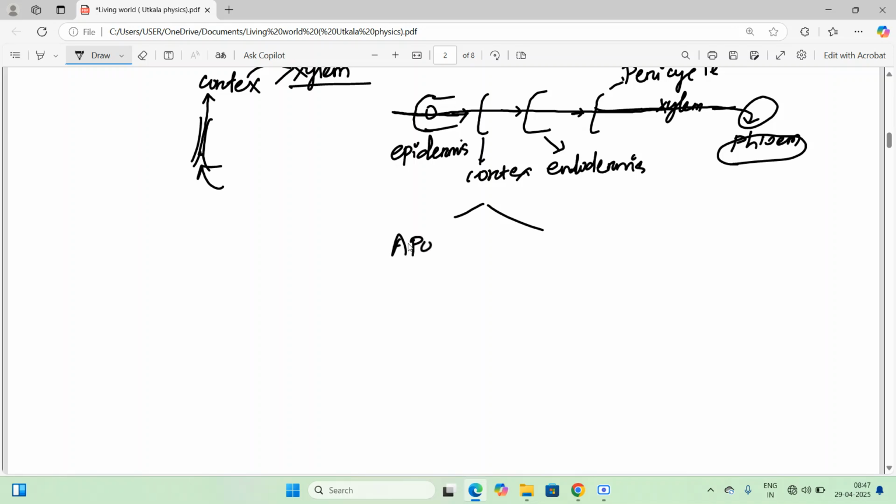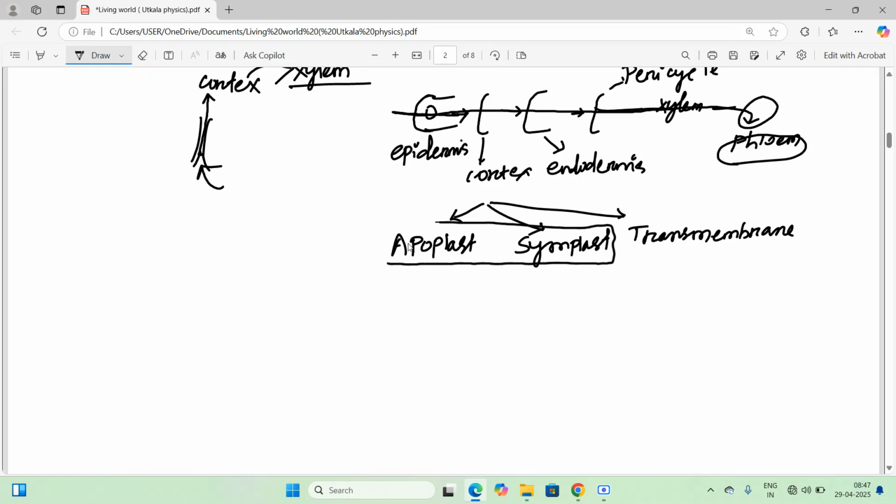First is apoplast and second is symplast, and there is also the transmembrane pathway. These two are the most common pathways for the movement of water.